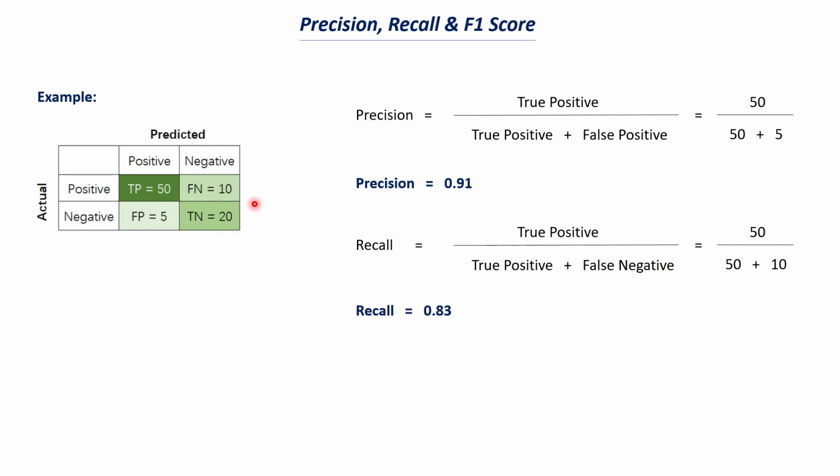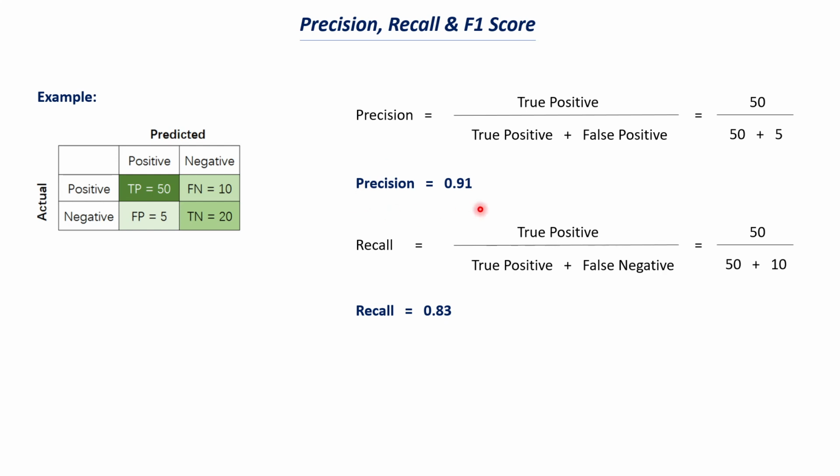As you can see, the false negative count is 10, which is high, so we have a low recall value. If you compare, the false positive count is low, it is 5 and false negative is 10. This is why we have a high precision value.